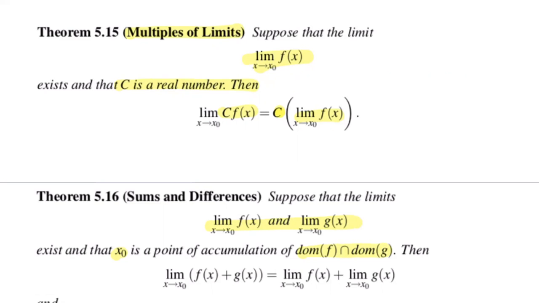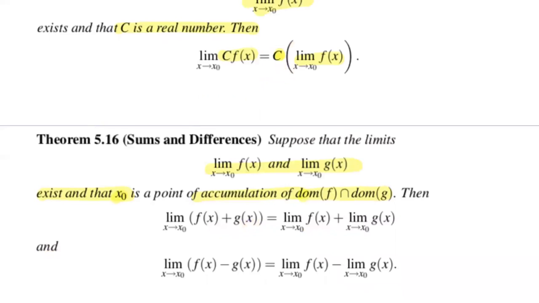The author is using DOM of F for the domain of F, and likewise for G. So it's a technicality that x0 needs to be an accumulation point of the intersection of those two domains. That's only so that it makes sense to speak about the limit of f plus g and f minus g. But the theorem says that the limit of the sum is the sum of the limits, and the limit of the difference is the difference of the limits. Why is it true? Because it's true for sequences, and these limit statements are equivalent to statements about sequences. Maybe you can stop and write out the details of the proof.